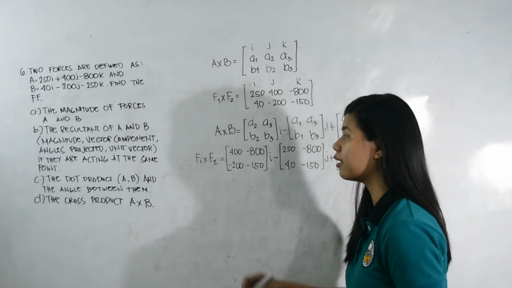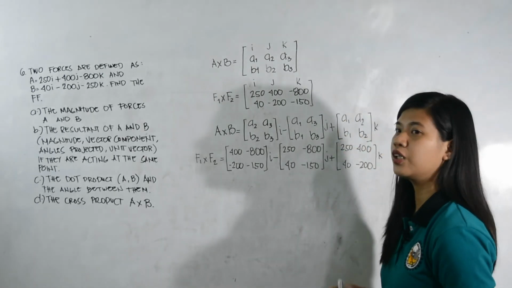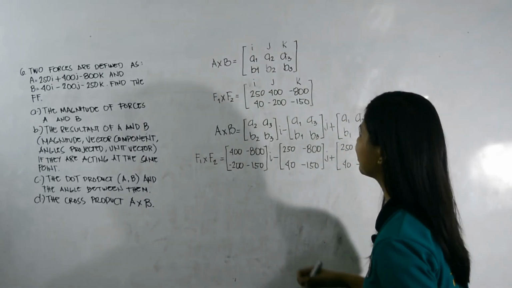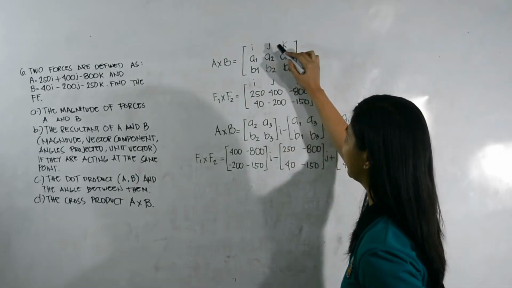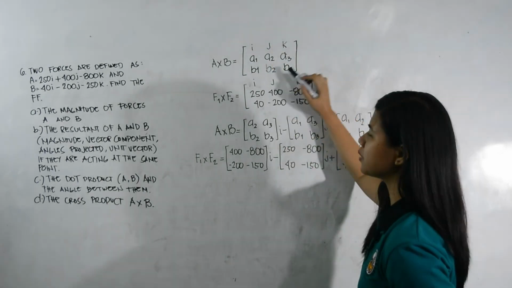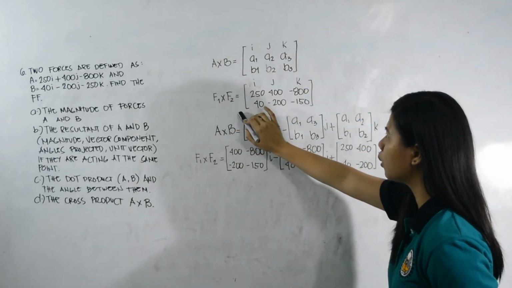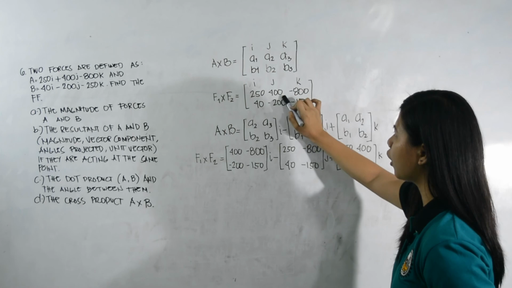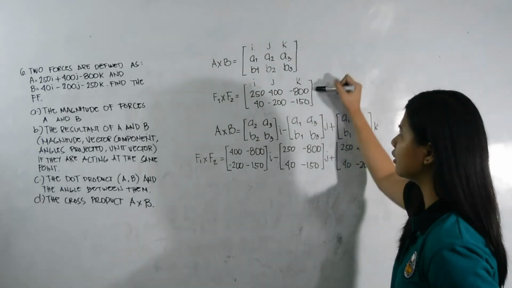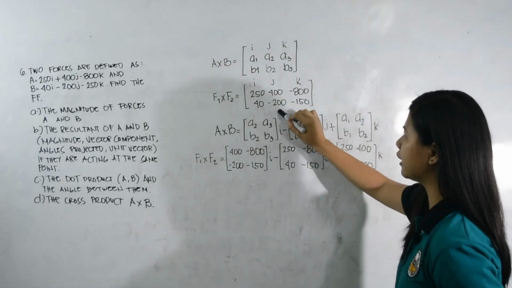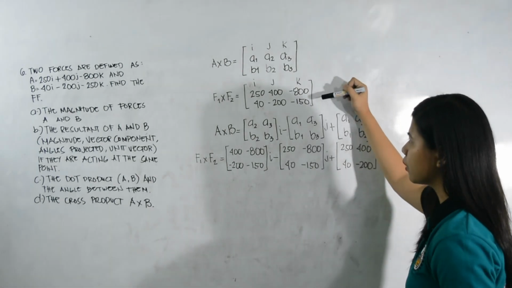For the cross product, A times B, we usually do the matrix. We have the direction of I, J, and K. We have 3 columns and then 2 rows. For our A times B, we have 250, 400, negative 800, 40, negative 200, and negative 150.